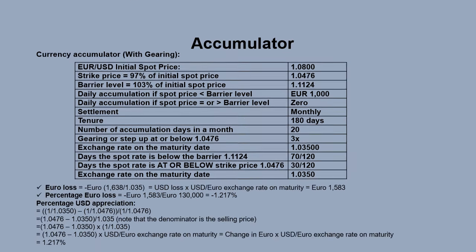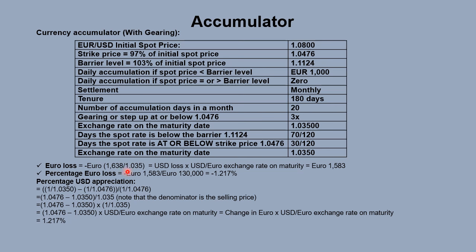In euro terms, the loss is equal to minus 1638 divided by 1.035, which is equal to the USD loss multiplied by the USD euro exchange rate on maturity, which is equal to euro 1583. In percentage terms, the euro loss is minus euro 1583 divided by 130,000, which is equal to 1.217%.